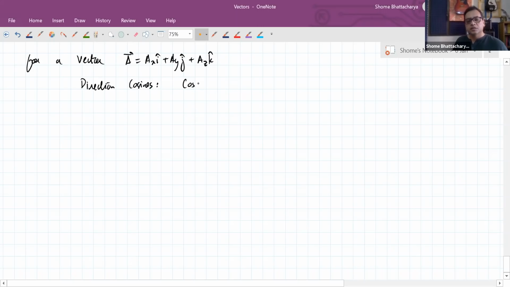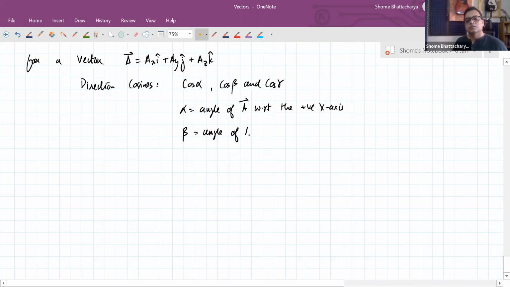They are respectively called cos alpha, cos beta, and cos gamma, where alpha is the angle of the vector A with respect to the positive x-axis. Beta is the angle with respect to the positive y-axis. Like this, gamma is the angle with respect to the positive z-axis.